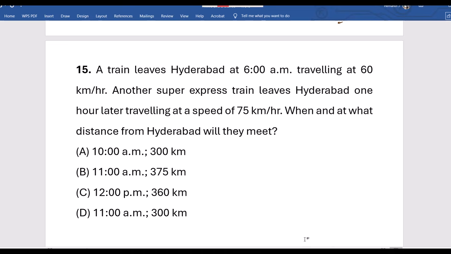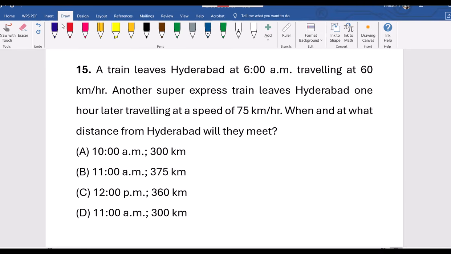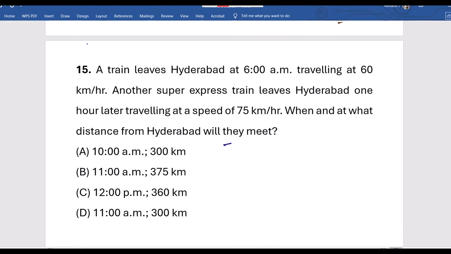Now here, when you have two different timings, you have to start at the late time. The late time means the super express, 7 a.m. Now we should understand the situation at 7 a.m. At 7 a.m. the first train has already traveled some distance at 60 km per hour.